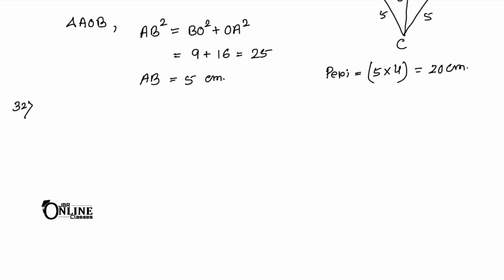In 32, the sides of a rhombus are 5 centimeter each, and one diagonal is 8 centimeter. As side equals 5 centimeter, definitely all sides are 5 centimeter, and suppose diagonal AC equals 8 centimeter, then half of the diagonal, that is AO, equals 4 centimeter.